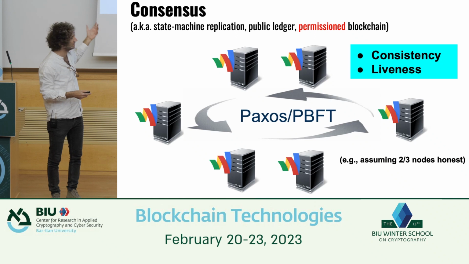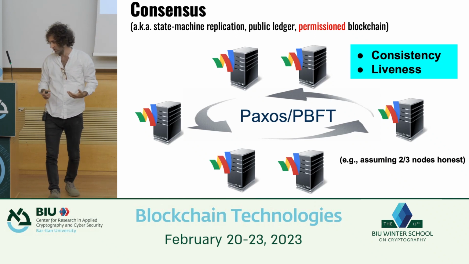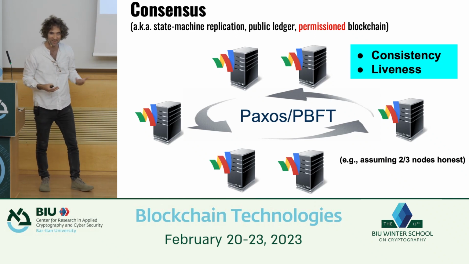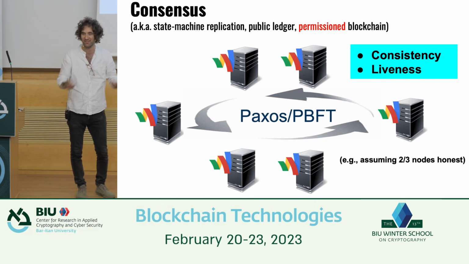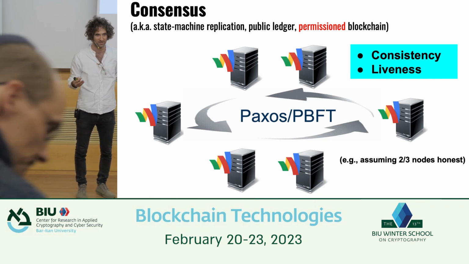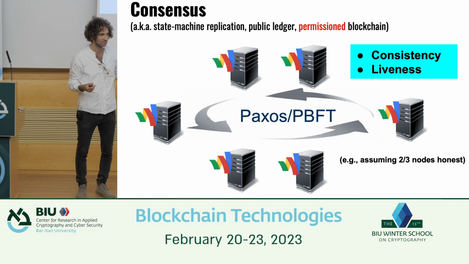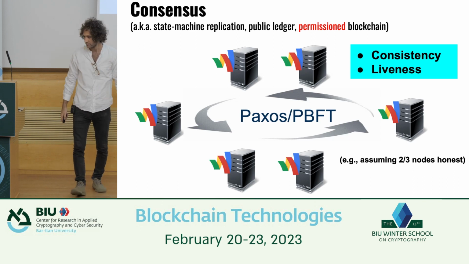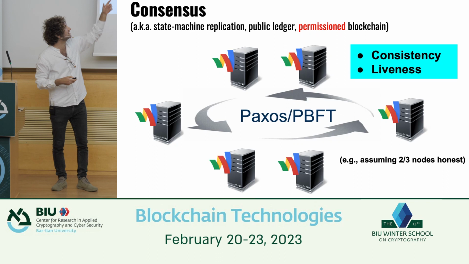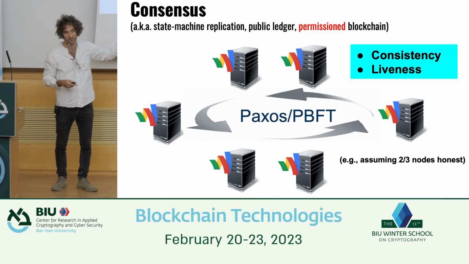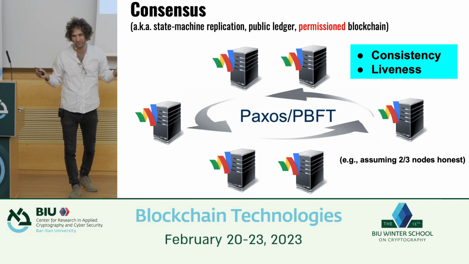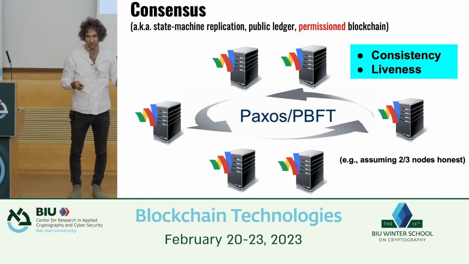State machine replication, a public ledger, or what we today call a permissioned blockchain is in essence exactly the same thing. It is exactly this task: consensus. So what makes this permissioned? We have a fixed set of nodes doing this. This is a concept that's been studied for a long time, several decades, four decades at least.